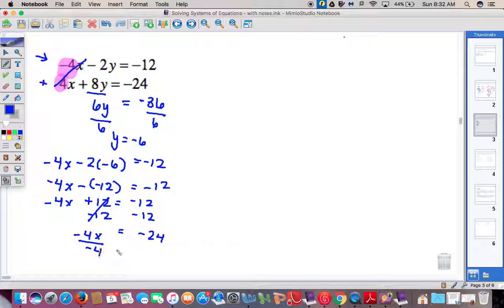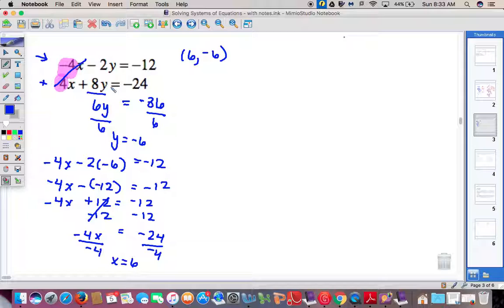Now I would divide both sides by negative 4, and I get that x equals 6. So my solution to this system of equations is that x equals 6 and y equals negative 6.